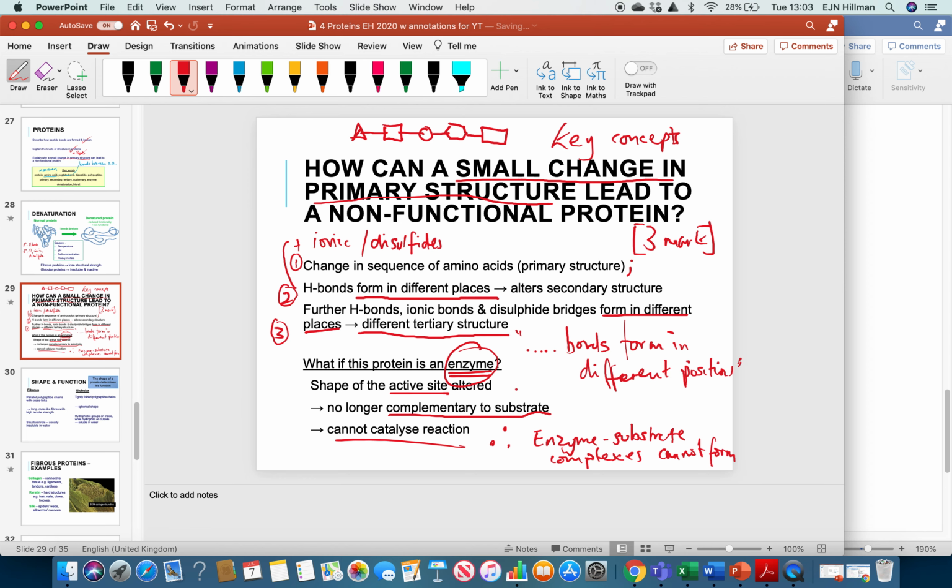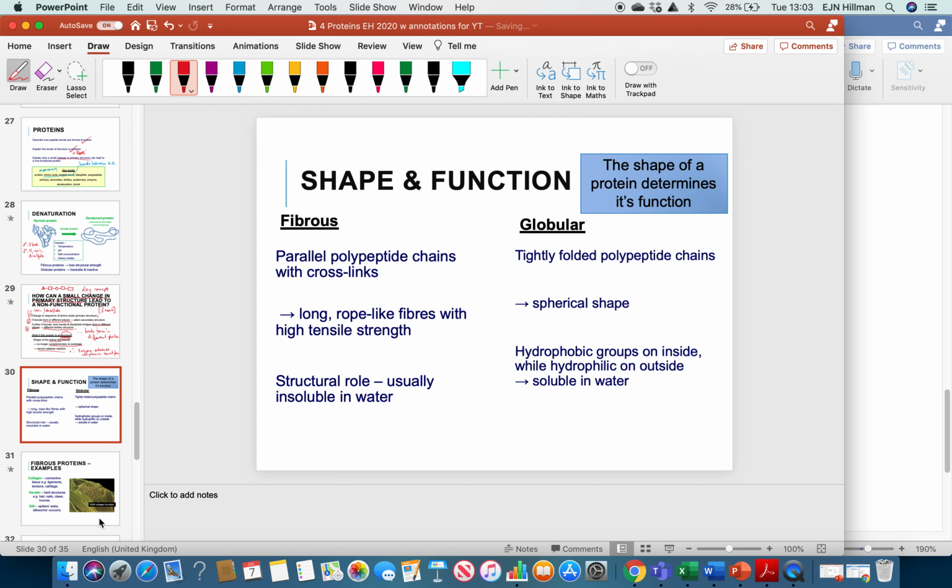Okay, I'm just going to talk now a little bit about different types of proteins, just to finish off this topic. I've sort of mentioned these briefly before. Two main groups of proteins that we need to be familiar with are the fibrous proteins, where the polypeptide chains tend to form in parallel lines.